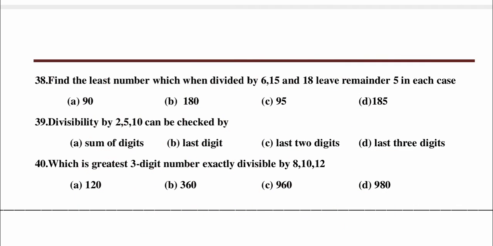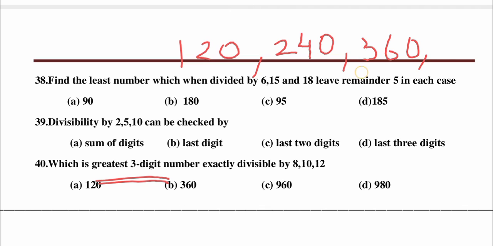So we need to find multiples of 120 to reach the greatest 3-digit number. 120 multiplied by 1 is 120. 120 multiplied by 2 is 240. Then 360, 480, 5s are 600, 720.